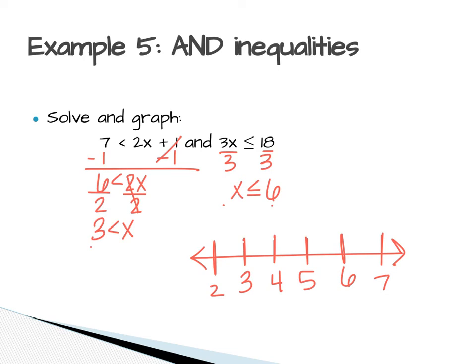So greater than 3, open circle on 3, closed circle on 6, and the numbers that are greater than 3 and less than 6 are between the two. If you want to write your inequality together, put your one variable in the middle, your bigger number on the right, your smaller number on the left, and put your signs between them.